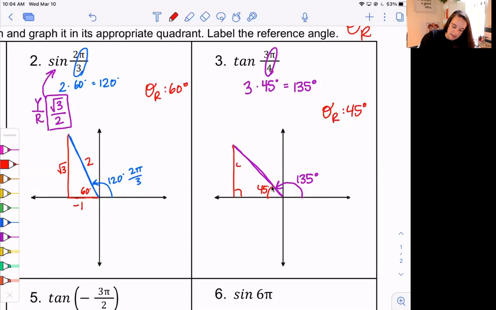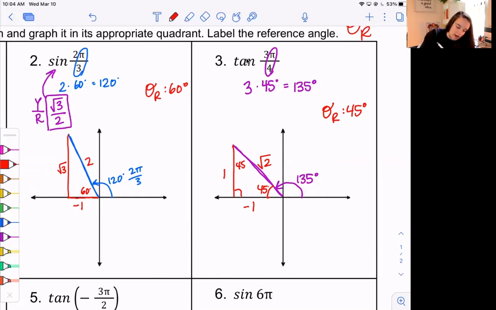I know that that makes this a 45, 45, 90 triangle. So I'm going to have 1, 1, square root of 2 as my radius. I know that this is negative, just like we had before. So we have negative 1, 1, and square root of 2.